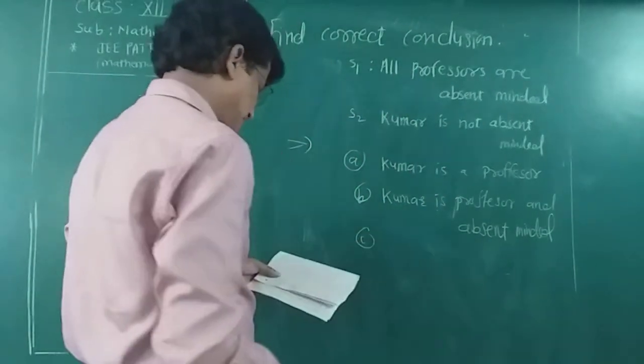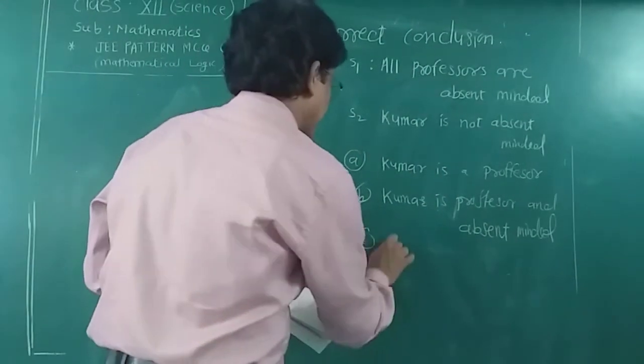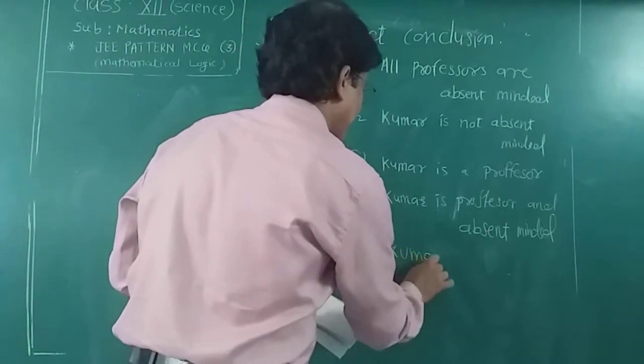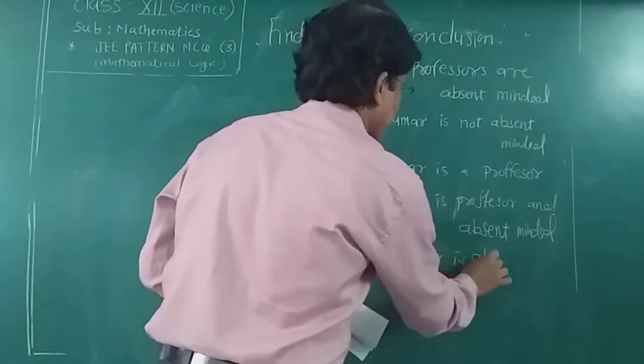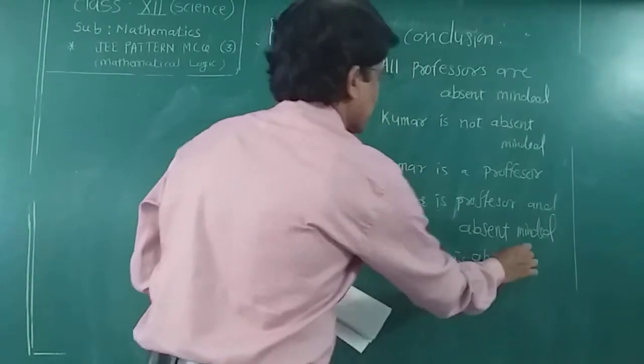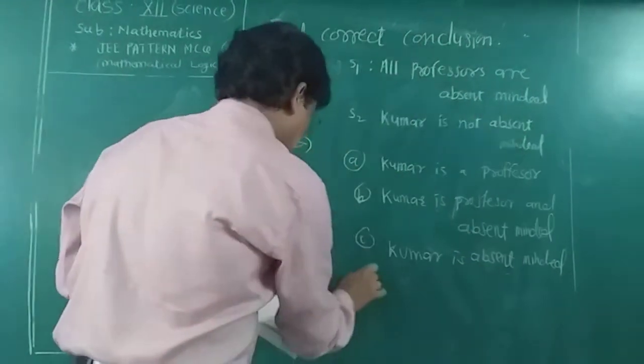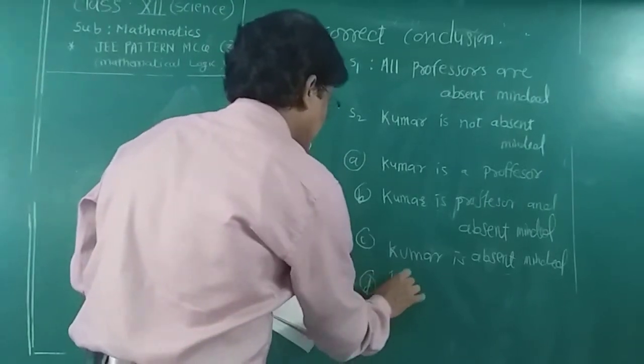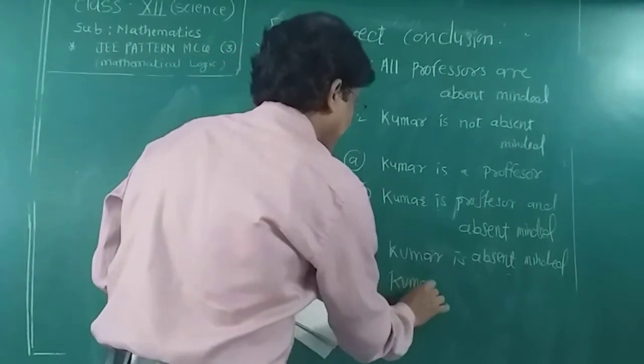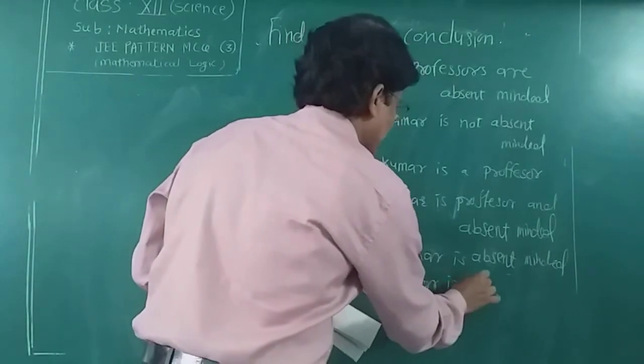Option C: Kumar is absent-minded. And the last option, D: Kumar is not a professor.